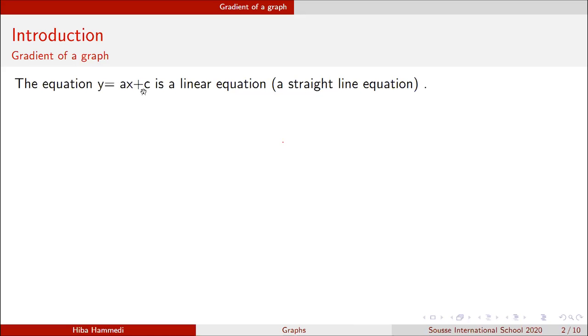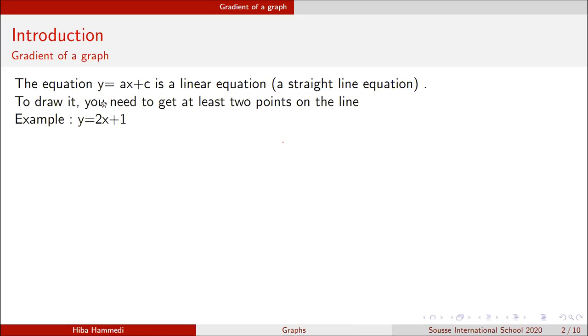C is a given number. And it's a relationship between the coordinates of points, okay? So the line is a group of points where the coordinates of each point verify this relationship, or this link between the first coordinate and the second coordinate.